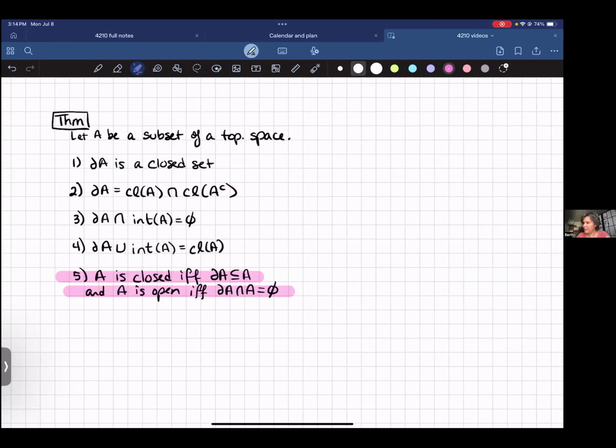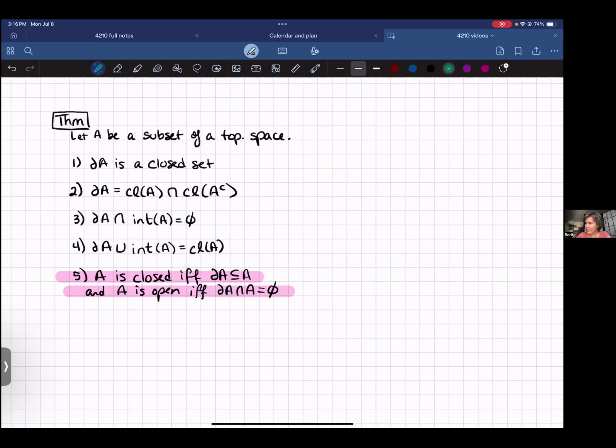Next, a set A is closed if and only if it contains its boundary, and it's open if and only if it's disjoint from its boundary. It's closed if it contains all boundary points, and it's open if it contains no boundary points. So why would that be?